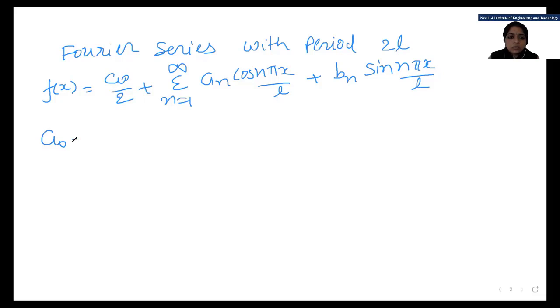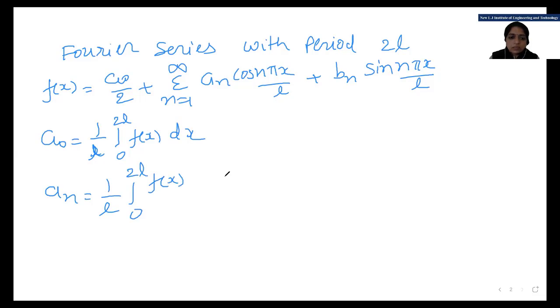So, A0 is 1 by L, 0 to 2L, f of x dx. An is 1 by L, 0 to 2L, f of x cos n pi x by L dx. Please keep in mind, this is the most important thing. Normally students make mistakes in this step.